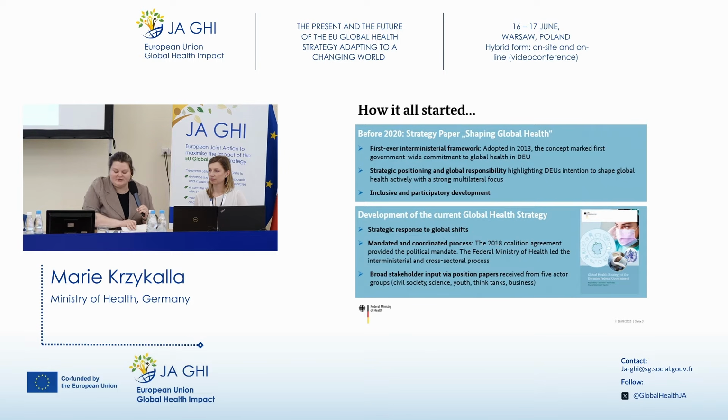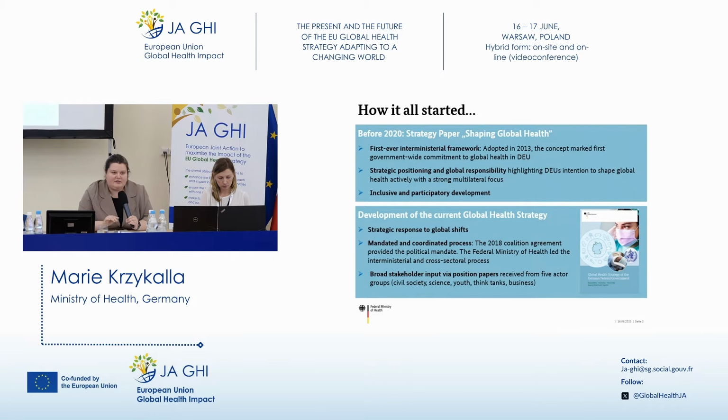Great. So let's take a step back to where it all began. In 2013, Germany adopted its first ever concept of global health, the strategic paper Shaping Global Health. It was a pioneering interministerial document adopted by the whole government.